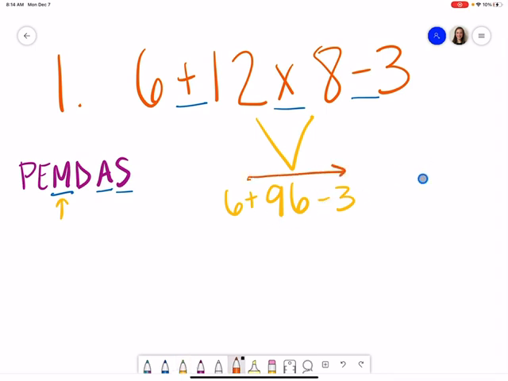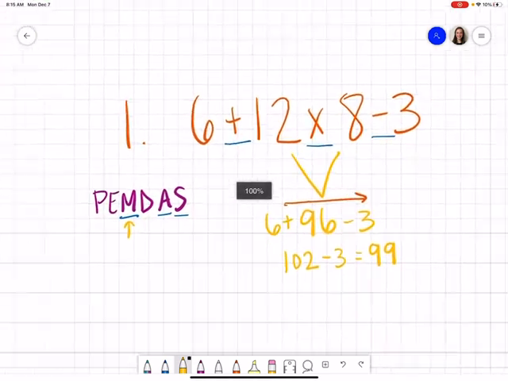So 96 plus 6 is 102. 102 minus 3 is 99. Alrighty.